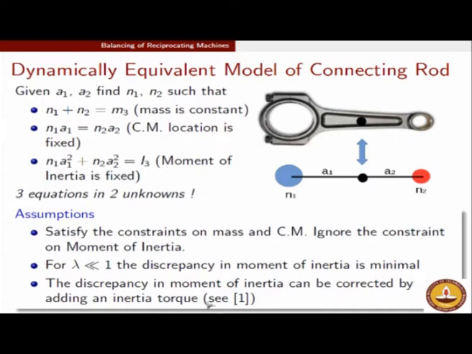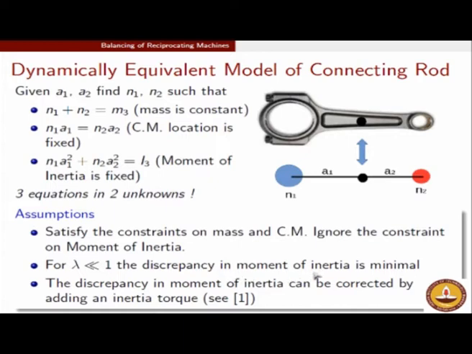I will recommend that you read the textbook, which is Ghosh and Mallik's book on theory of machines and mechanisms. That book has the proof of why we leave out this moment of inertia. I am just making a statement that if lambda is small, leaving out moment of inertia does not imply much error.